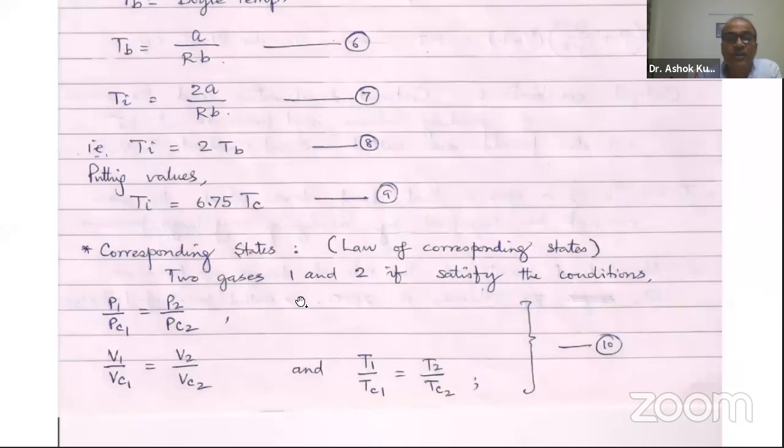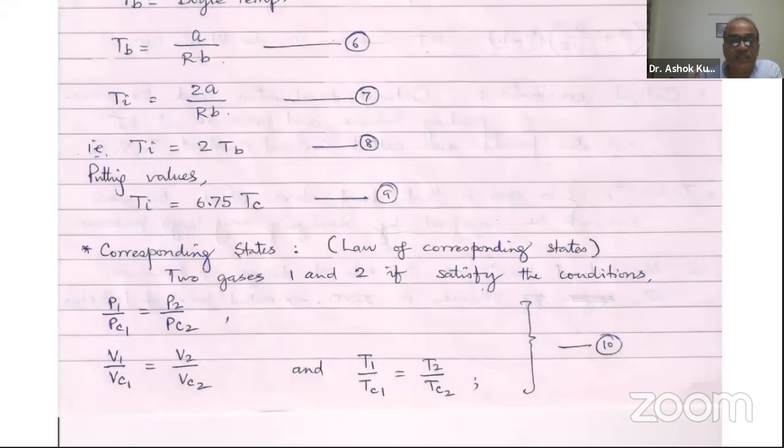The law of corresponding states is that if two gases 1 and 2 are there, then the ratio of the actual pressure to the critical pressure of gas 1 is equal to that of gas 2. Similarly, the ratio of volume to critical volume of the first gas equals that of the second gas, and the ratio of temperature to critical temperature of the first gas equals that of the second gas.